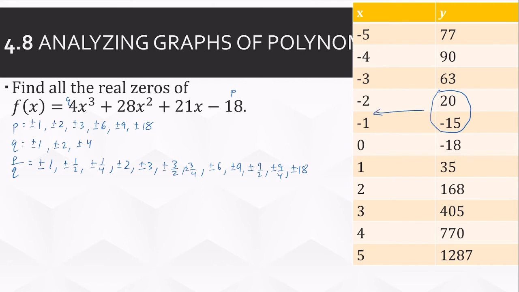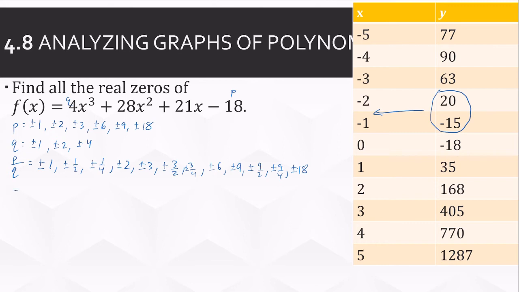So I need a value between -1 and -2. And so I think we might try -3 halves, because -3 halves is -1.5.